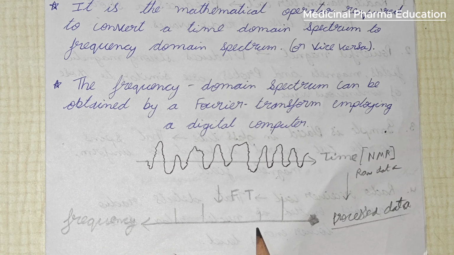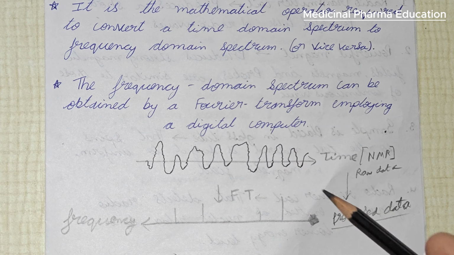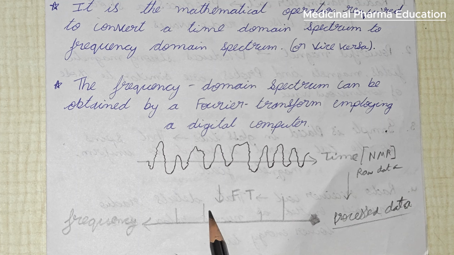This is the processed data. It is called Fourier transform data or frequency domain. This way it converts time domain to frequency domain. The complex spectrum is converted to a simpler spectrum, and by this we analyze the sample.